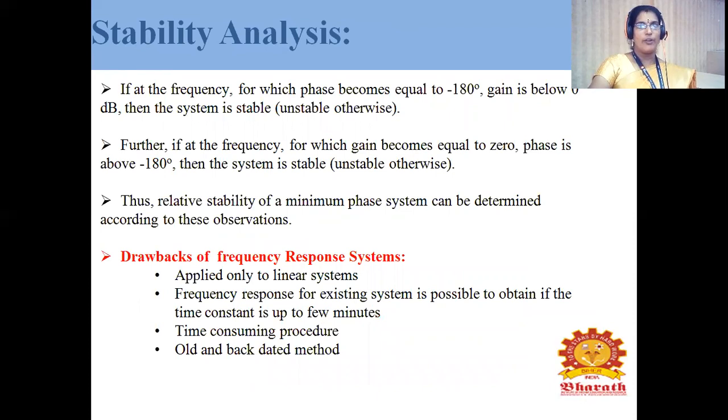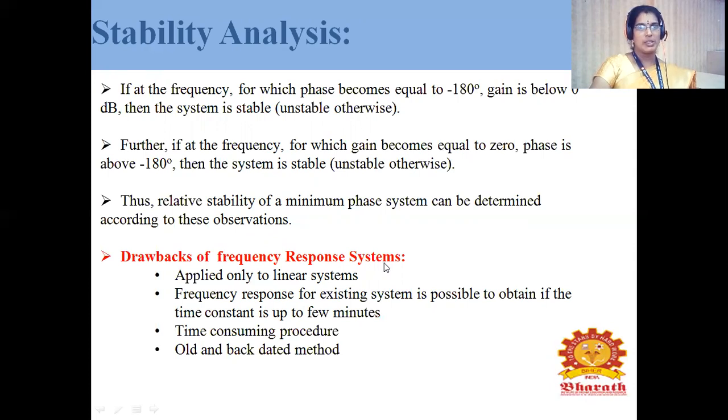So if the frequency for which phase becomes equal to minus 180 degree, gain is below 0 decibel, then the system is stable. Further, if the frequency for which gain becomes equal to 0, phase is above minus 180 degree, then the system is unstable otherwise. Okay, so thus the relative stability of minimum phase transfer function can be obtained according to these observations. Based on these points, we can obtain the relative stability of the given system.